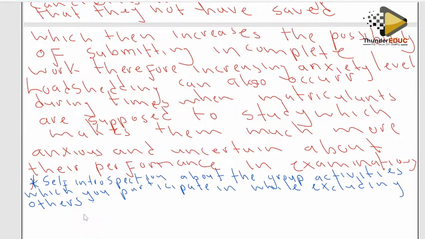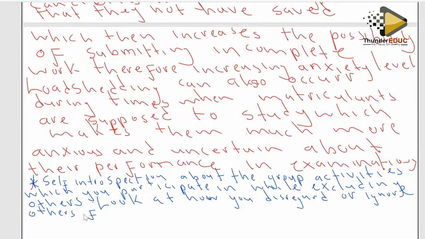All right. Then look at how you disregard or ignore others for no apparent reason. How do you disregard or ignore others for no apparent reason?